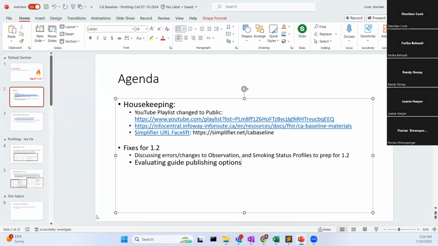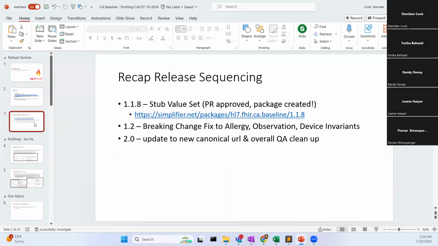All right. Just as a recap, both our governance and our profiling streams have been very focused on getting the 1.2 update out, which is changes to the profiles that would be considered more major changes, but are necessary to resolve major errors we've had, and prep we want to complete for ultimately a 2.0 release.